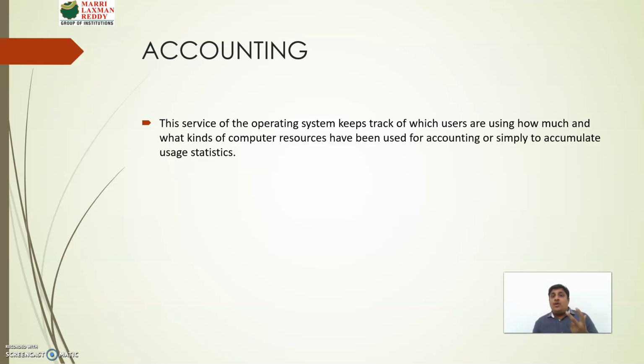That is what we call accounting. A very simple example is that you can see the recent documents opened by an end user when you click on the start button. You can also see the usage of memory or the statistics of your usage of the operating system by clicking on the task manager.